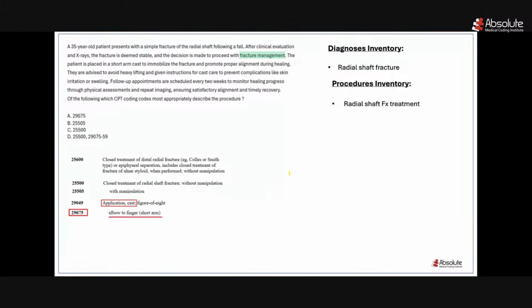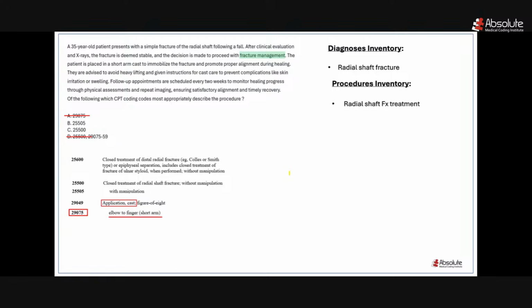That means we cannot code the cast application codes alone or with the fracture treatment codes here. There is no need to code a cast application. That will eliminate option A and option D. Yes, both are coding for cast application.